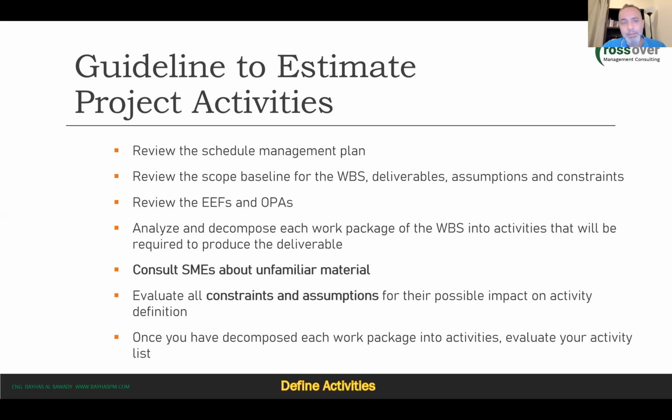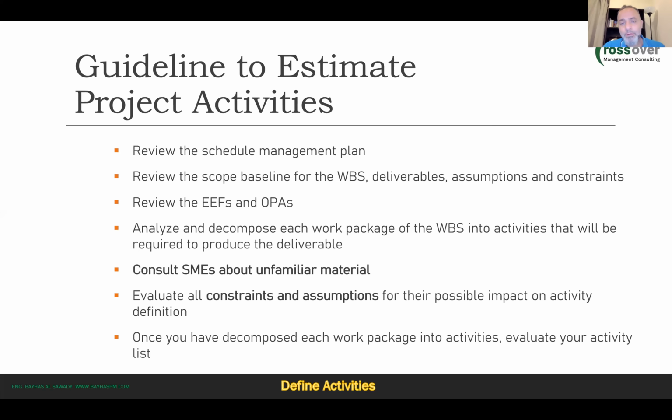So welcome back to the lecture again, and we're still discussing developing the schedule of a project. So basically, again, we started by identifying the list of activities for each work package that we need to do. And the next step was to sequence those activities and estimate their durations. Now, here are some guidelines.